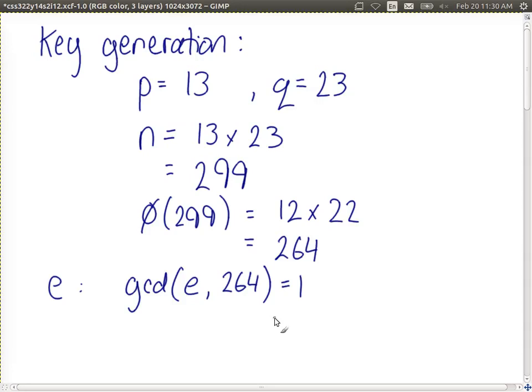And the other one that I won't write down is that E should be less than the totient of N. What values of E did you get? 5? 7? Anyone go any further? All right, so you can get multiple values, so you can choose one.